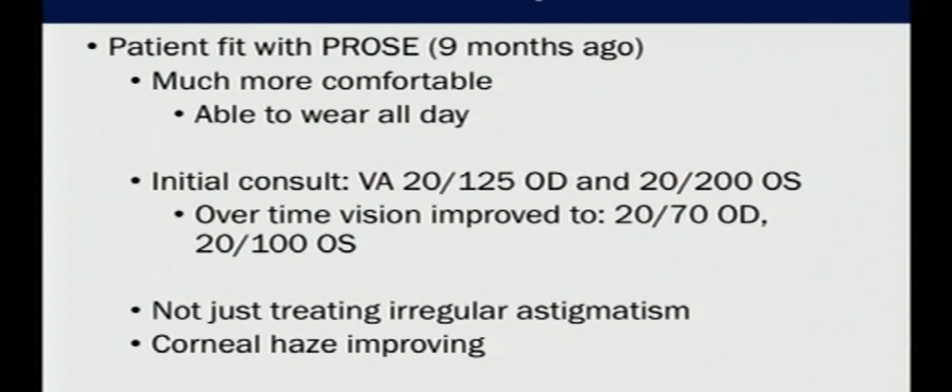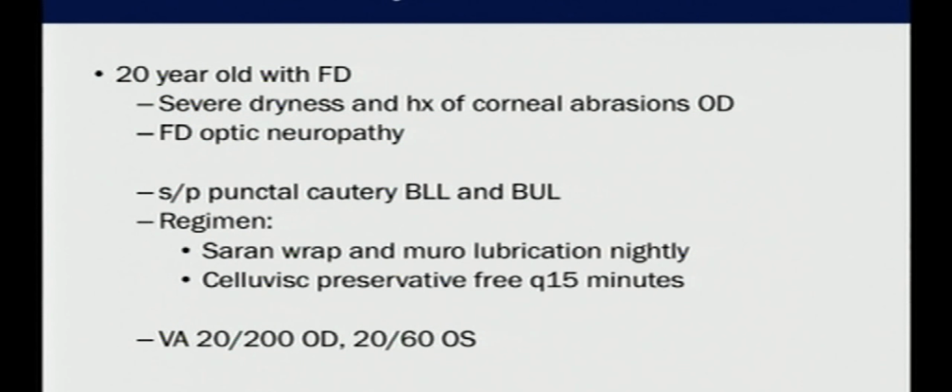But after getting a good fit with a PROS device, he's able to be comfortable, he's able to wear the devices, and more importantly, his acuity improved, and later further improved. So you're not just treating the irregular astigmatism or just the corneal irregularity, but the actual corneal haze began to improve as well with the lack of inflammation.